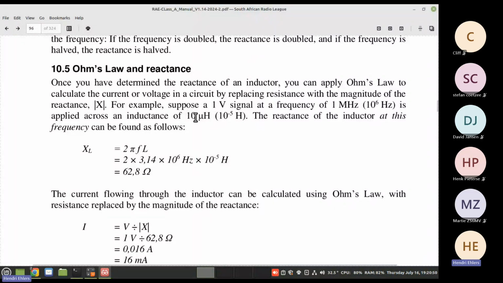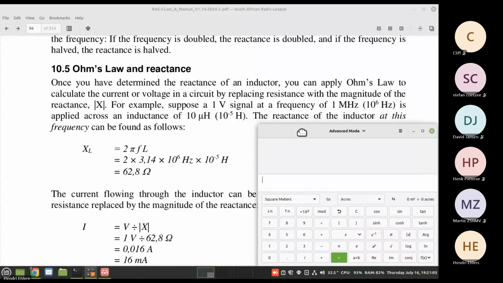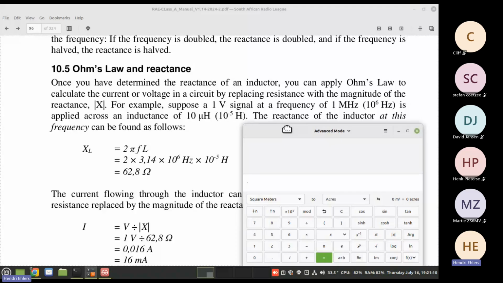Now, once again, they've used tens instead of other values. I don't like it when they use ones and tens because it's easy to confuse. But I'm going to pull my calculator closer, if I can put it in a place where we can read and see.